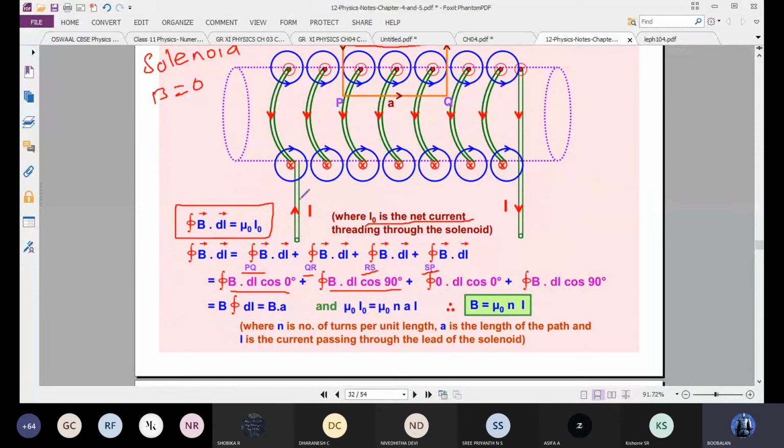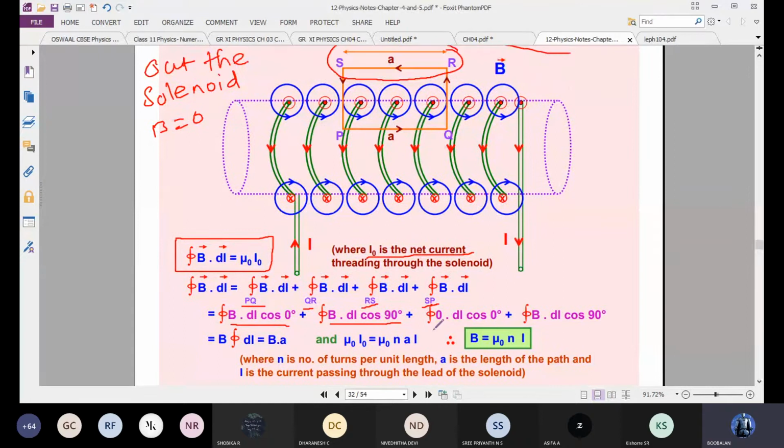Then RS value is also 0. With 90 degree, 90 degree, and B value 0, everything is cancelled. Only P to Q inside is applicable.